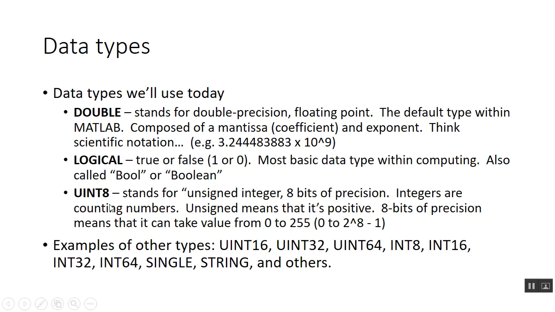And then we're also going to talk about uint8s because, like we talked about before, images have 3 colors. A color image usually is encoded that way with a red component and a green component and a blue component at each pixel. And they don't want to take 64 bits of precision to represent each of those colors. They usually take 8 bits of precision for each of those colors.